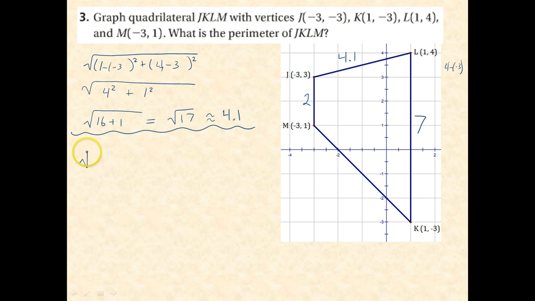Okay, so for the other slanted side, got to use the distance formula there too. Difference between the x values, negative 3 minus 1. Difference of the y values, 1 minus negative 3.